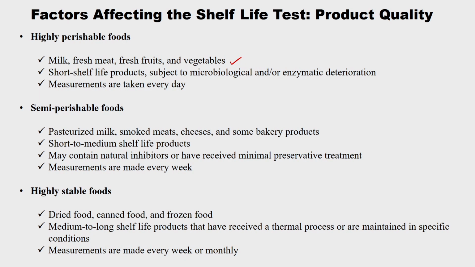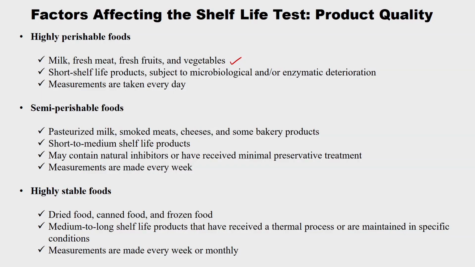The second one is semi perishable food. Pasteurized milk, smoked meats, cheeses and some bakery products all come under the category of semi perishable foods, and they are short to medium shelf life products and may contain natural inhibitors or have received minimal preservative treatment.